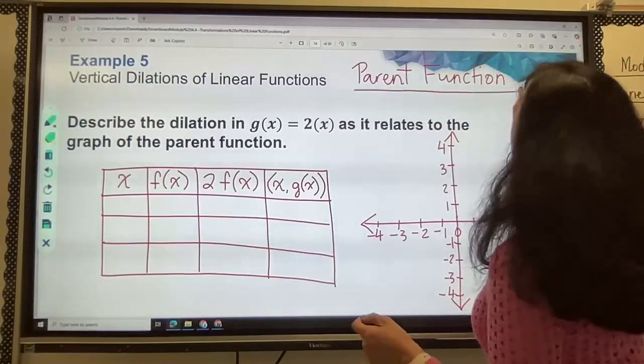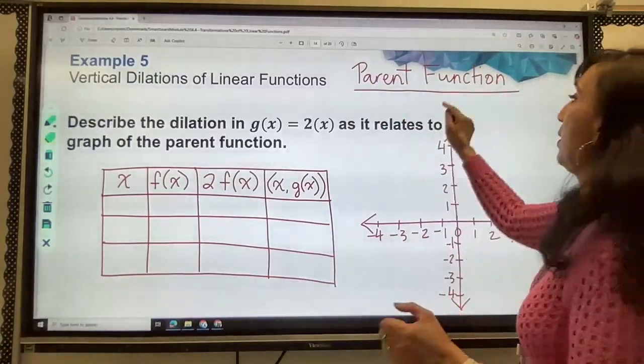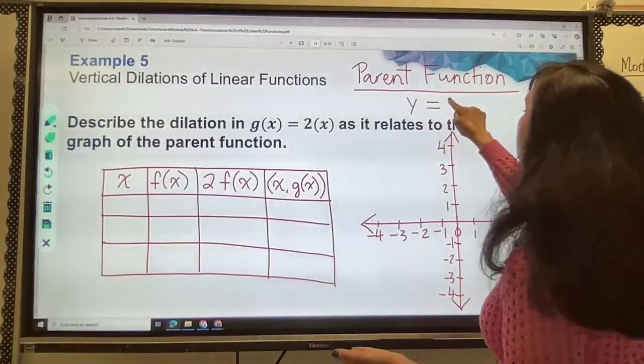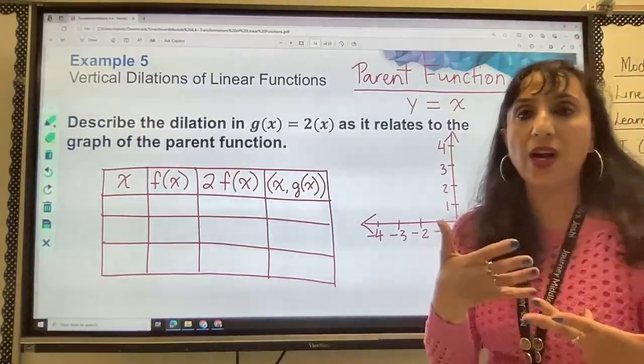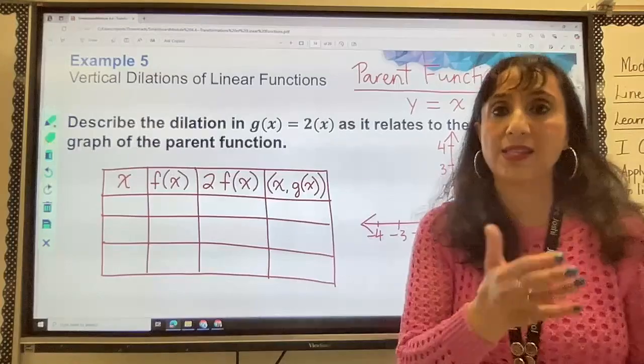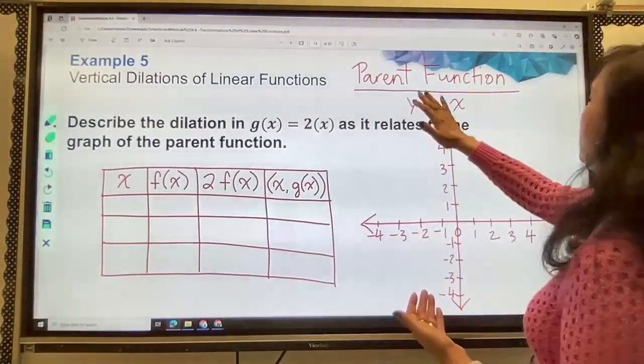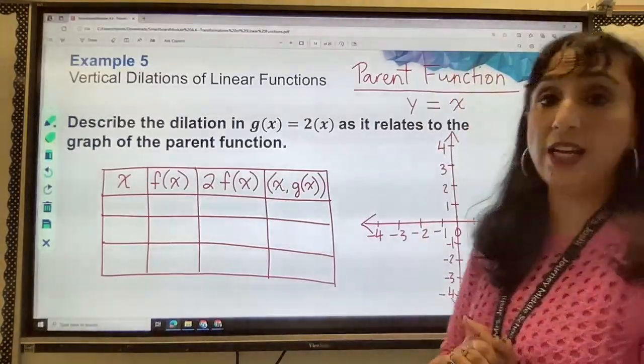Our parent function is, what is y equal to? y is equal to x, or x is equal to f of x, right? And that's basically what the parent function is when we are talking about linear functions.